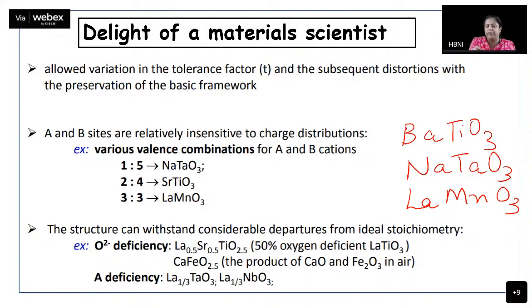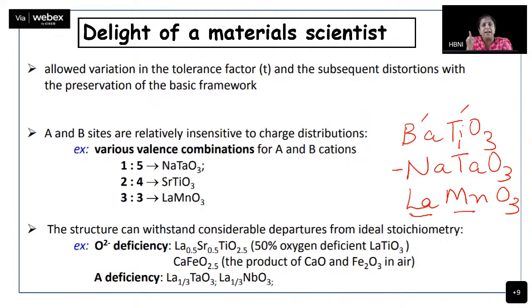What is the difference? 2 plus, 4 plus. 1 plus, 5 plus. 3 plus, 3 plus. That means you do not just have the possibility of introducing different ions, you also have the possibility of playing with the oxidation state.